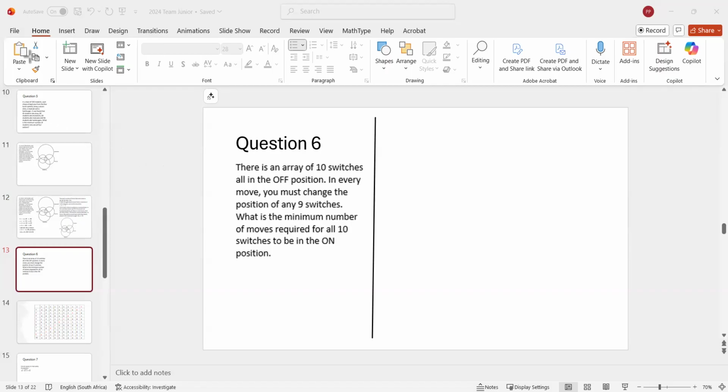So just to understand this, what it means is that I start off with the 10 in the off position. Let's give a symbol for off. I can put O for off and O for on, but that's terrible. Let's call it A for off. So your start, all in the off position, so it's all A. There are 10.